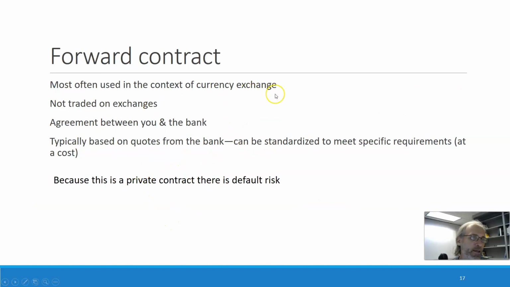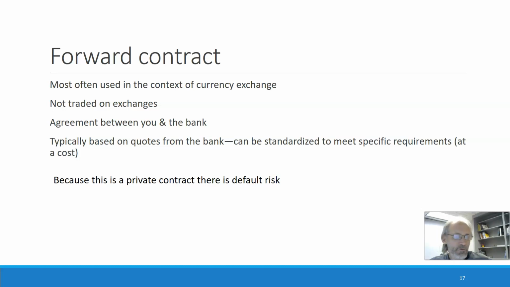Okay, so this is where a forward contract comes in. As I said, it's most often used in currency exchanges. These are not traded on exchanges. With futures contracts, you have these big centralized exchanges, really just one, the Chicago Mercantile Exchange, that deals with standardized contracts, and there's enormous volume there.